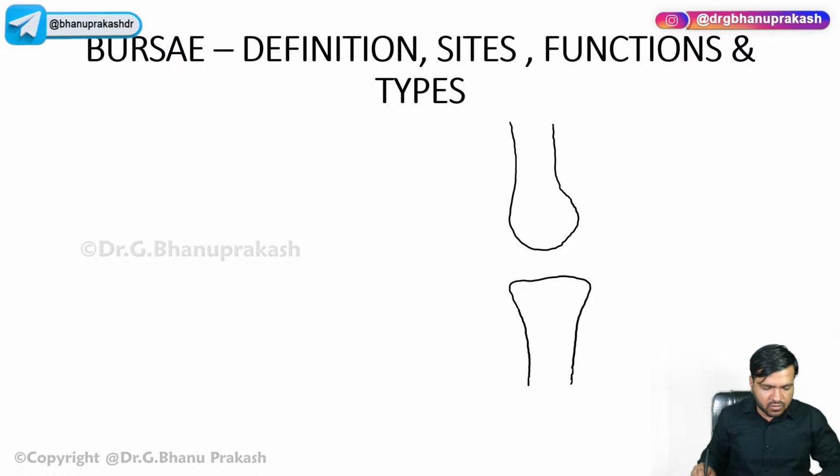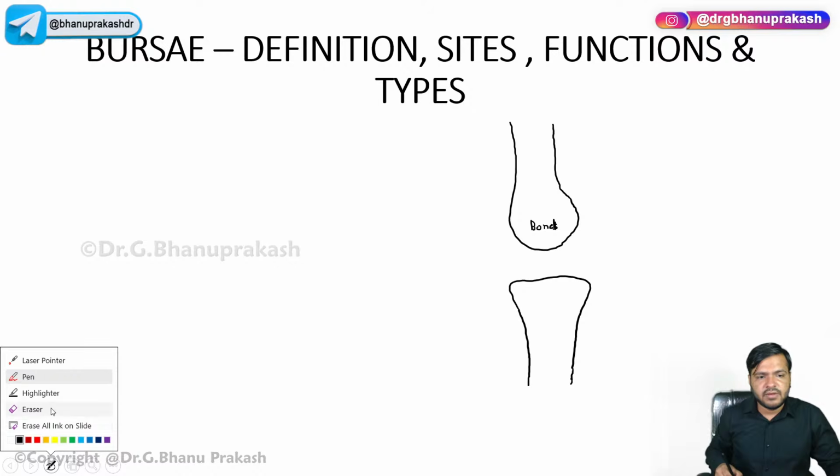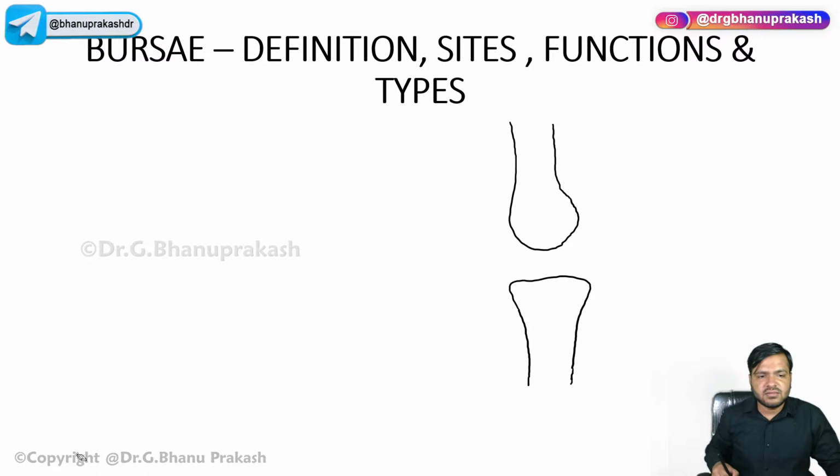Now, you already know that there are two bones over here, bone 1 and bone 2. Let us try to understand the term bursa over here. We have bone 1 and bone 2, and in between, there is a joint cavity.